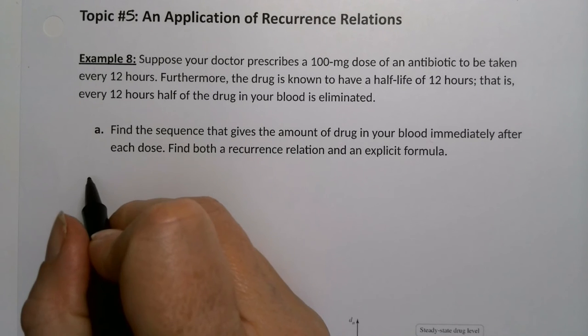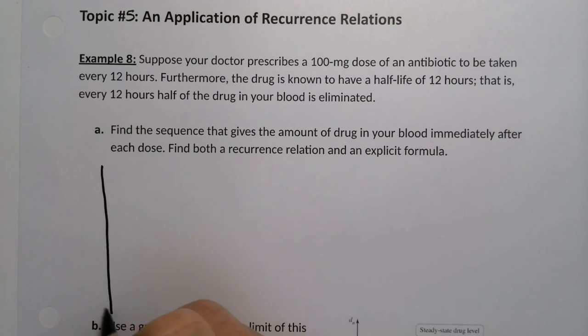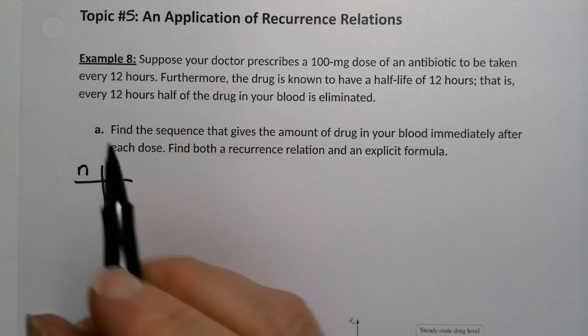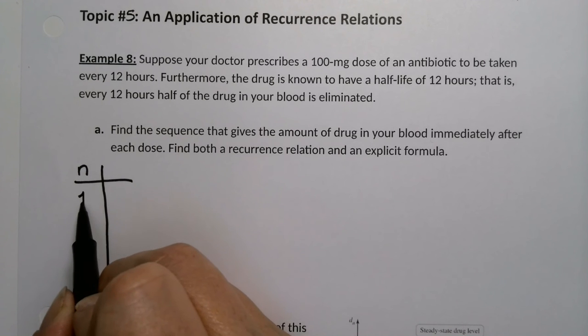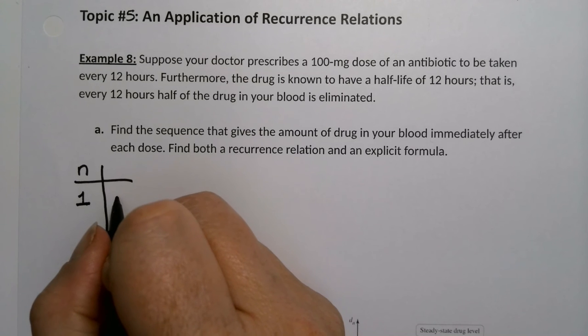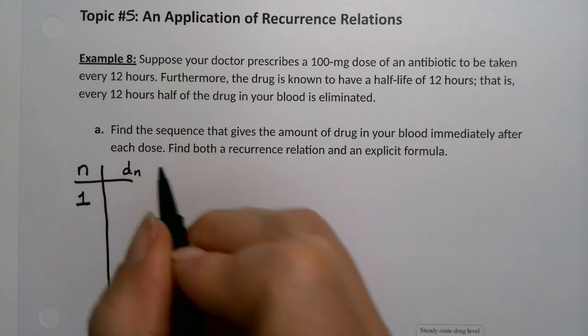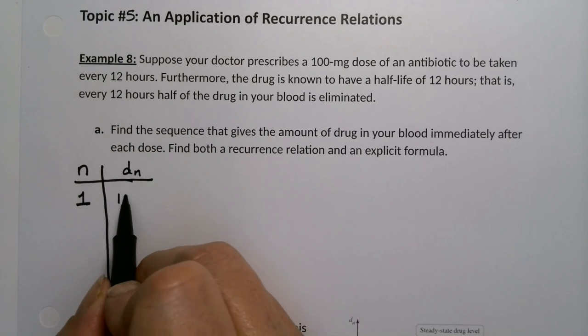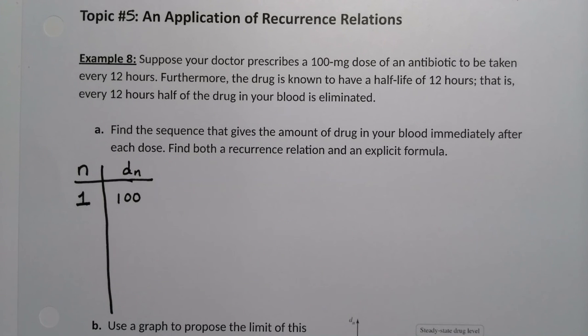Okay. Well, to do that, I think it'll help if we think about how this is going to work. So N at time 1, which is the first dose, we will take the dose and we will have 100 milligrams in our body. No problem.